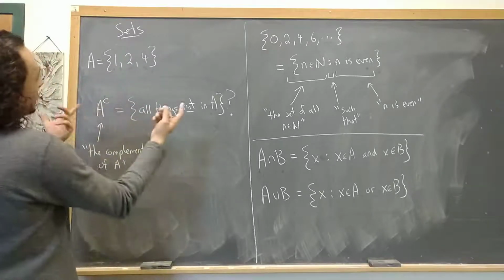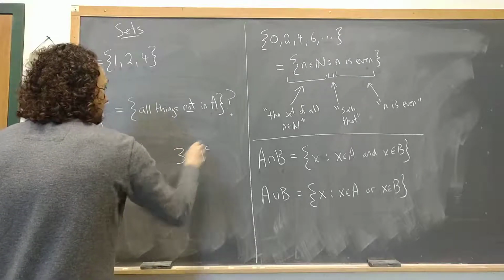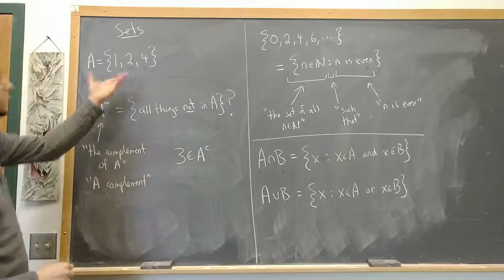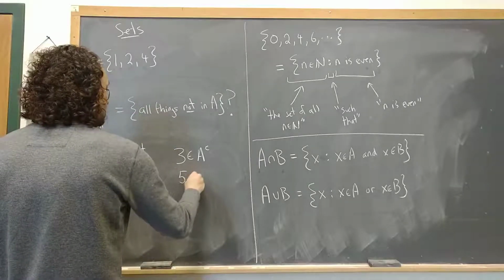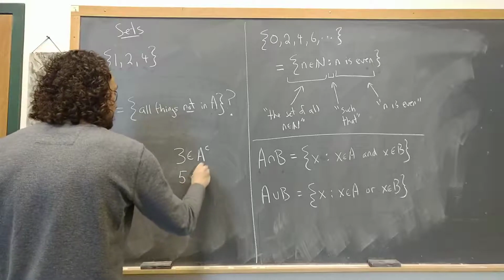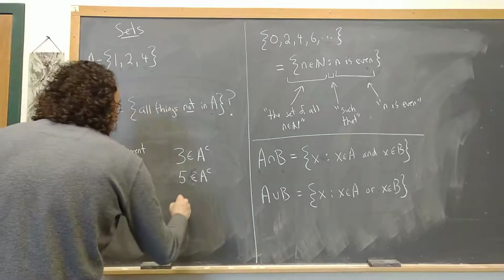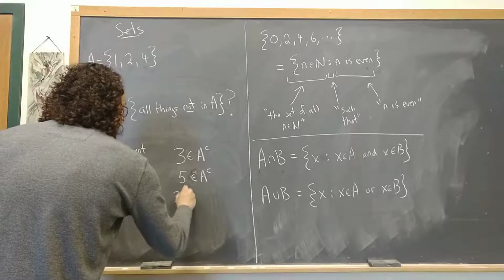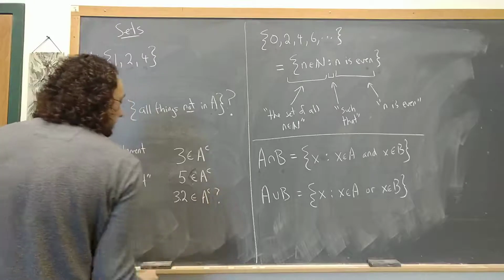It seems pretty clear, you might think it's clear that 3 is an element in the complement of A. That seems intuitive, right? We missed 3 here. And 5 is an element in the complement of A. But what about 3.2? Is that an element in the complement of A?